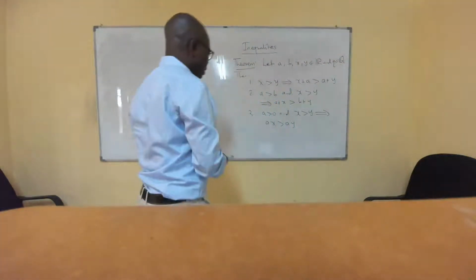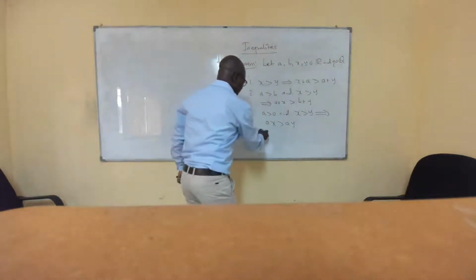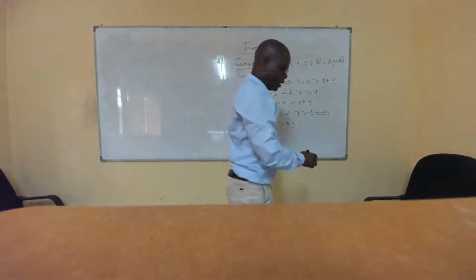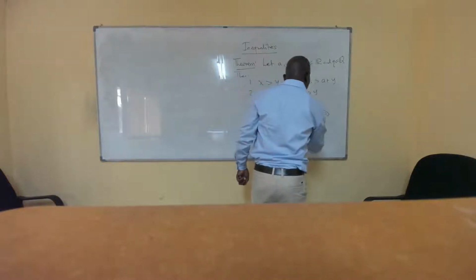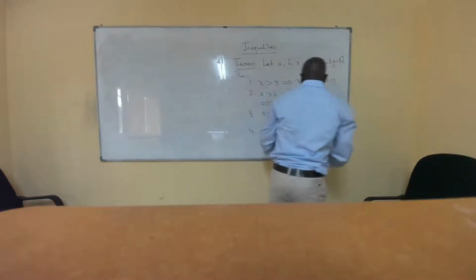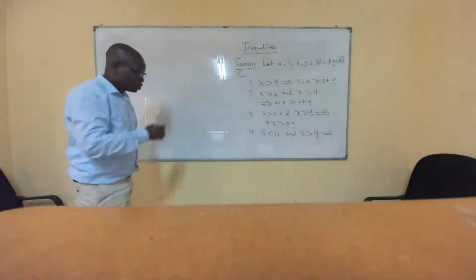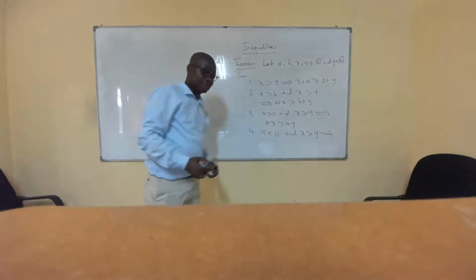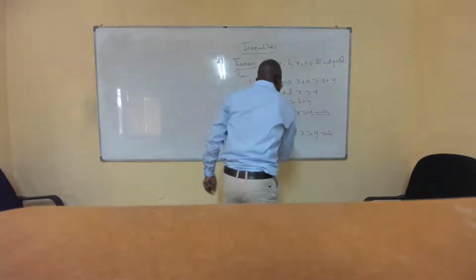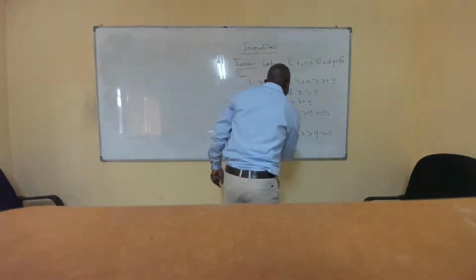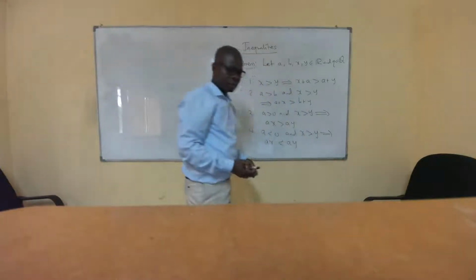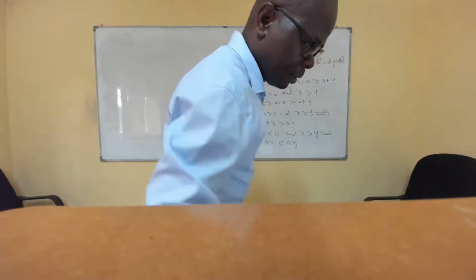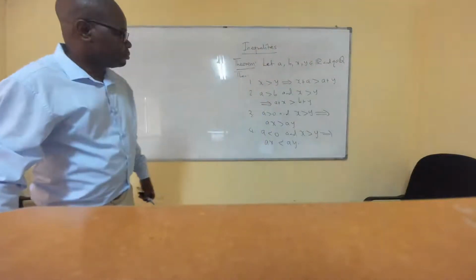However, if a is less than 0 and we have x is bigger than y, then if we intend to multiply both sides of this inequality or divide both sides by this negative number, we expect to reverse the sign. If you don't reverse, it will be false. So that one will hold.